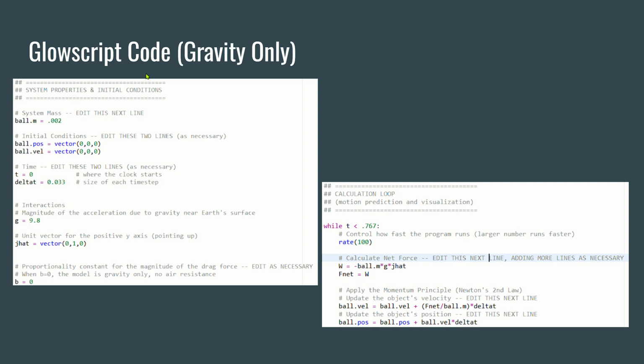Here's the GlowScript code that I used. This is for the gravity only model. As you can see, the proportionality constant for the magnitude of the drag force, b, I set to 0 because this model has no drag force. And here is the calculation loop, in which I set the time to 0.767 seconds because that's how long it took for the object to go from rest to the ground.